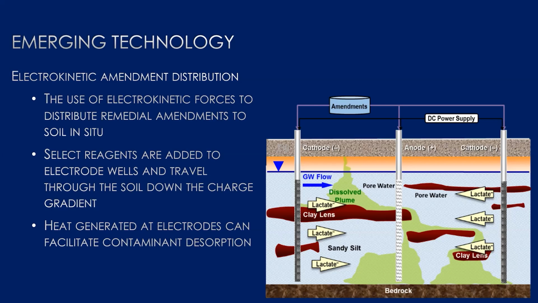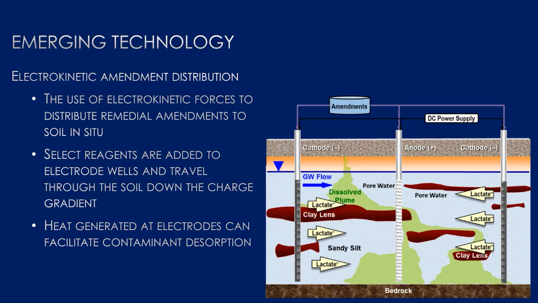The reagents then travel through the soil in the same way that the charged particles do in the so-called traditional method of electrolytic remediation, but these particles have of course been intentionally injected into the soil to clean up contaminants. In the case of the figure, the contaminants are a plume of dissolved contaminant of some sort. So the reagents are taking contaminants with them as they move through the soil down the charge gradient.